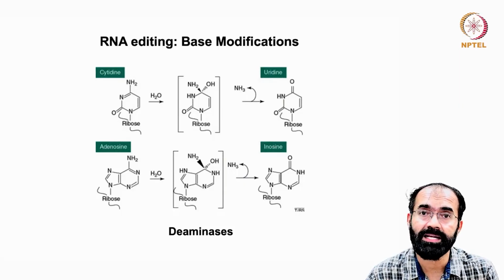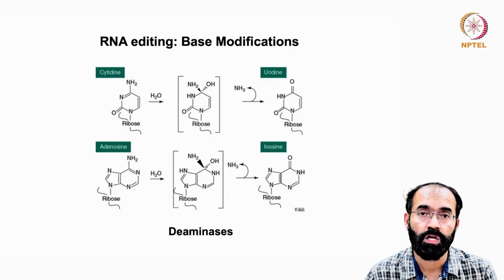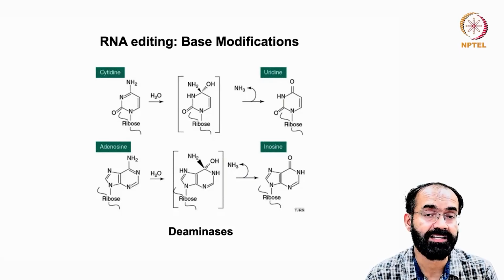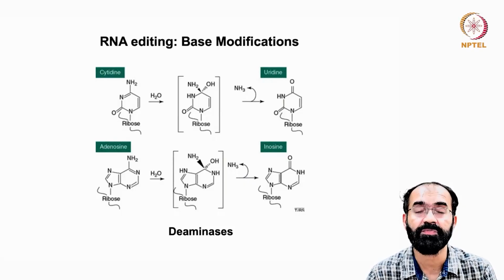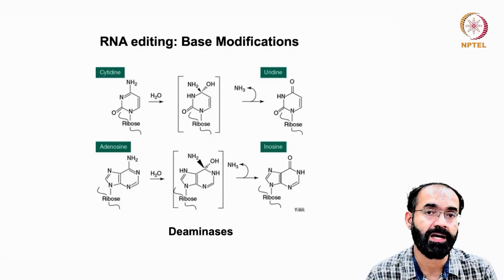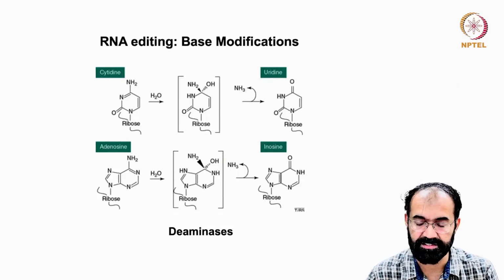So these are done by deaminases. Again I am specifying that it is not any random cytidine; deaminases look for certain specific secondary structures on the template mRNA and modify only those cytidines, only those adenosines which are attractive substrates for this enzyme. So these deaminases are looking for specific secondary structure.